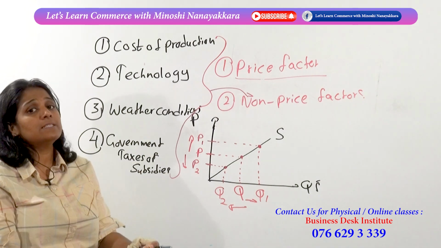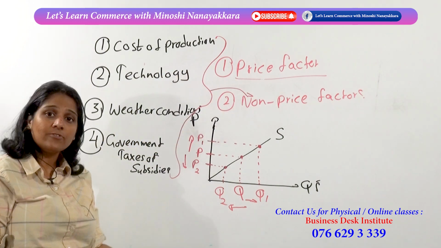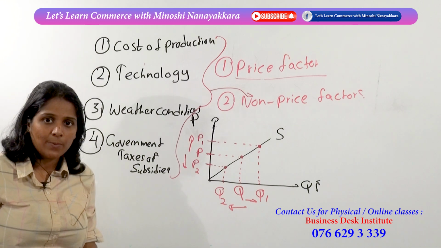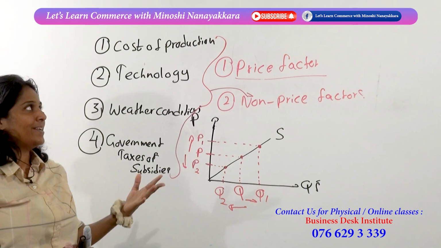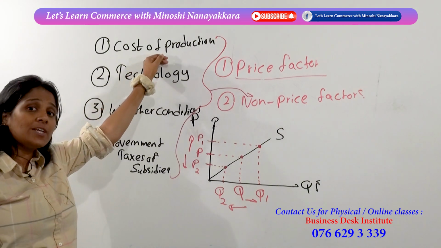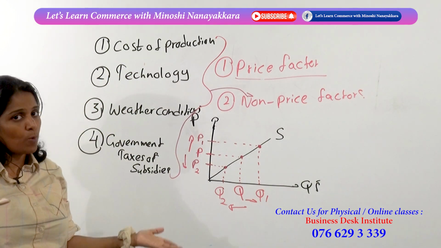If it's expensive for them, when the cost is increasing, they only supply low quantities. The other way around also holds: if the cost of production is low, they are willing to produce more.